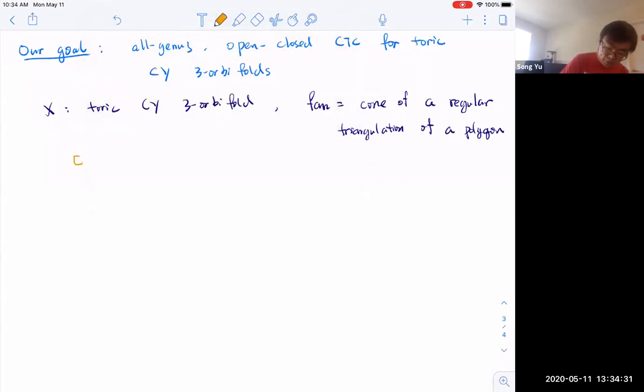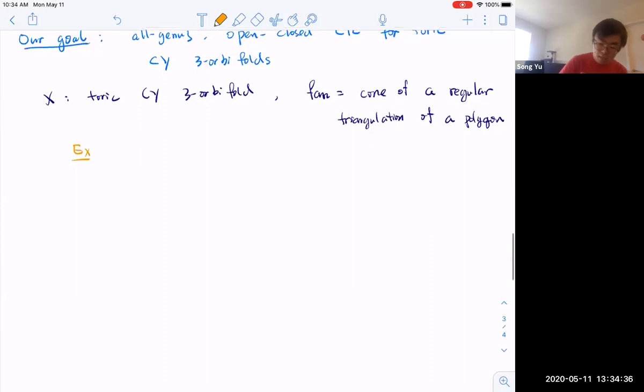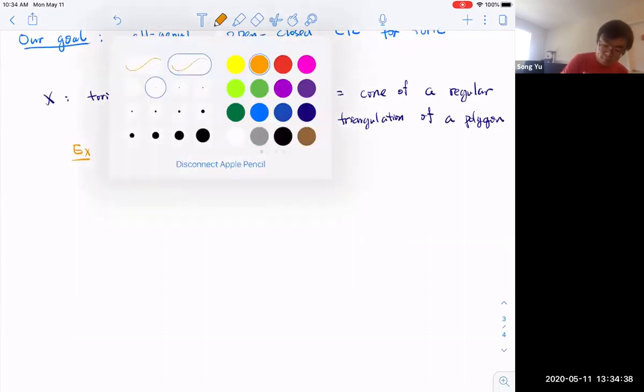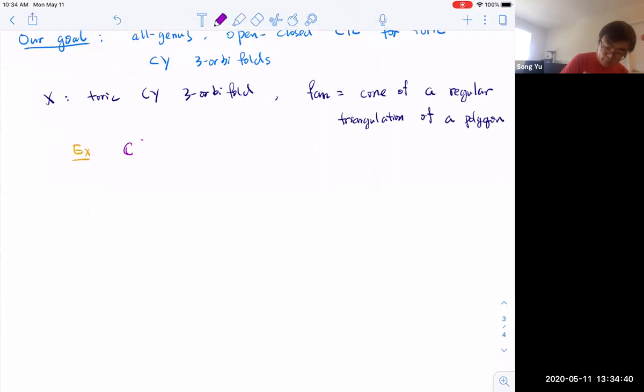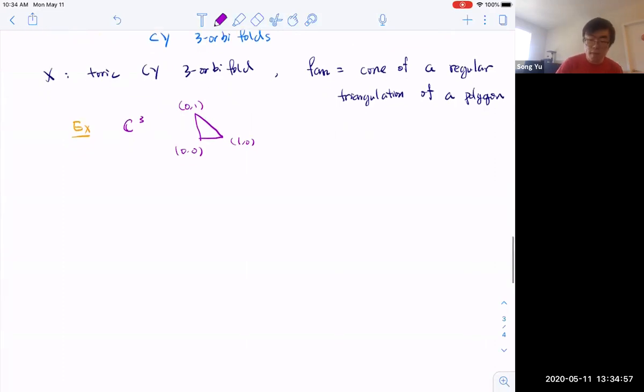So for example, I had a couple of examples in my last talk. The fan of C3 will be the cone over just the simple triangle, where this is 1, 0, and this is 0, 1, and 0, 0. So the fan is just a single smooth three-dimensional cone.